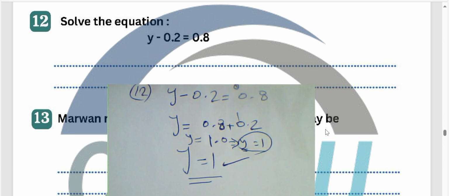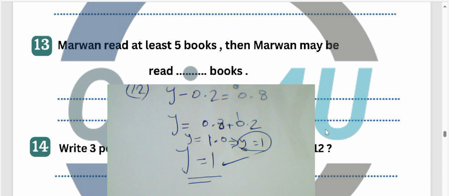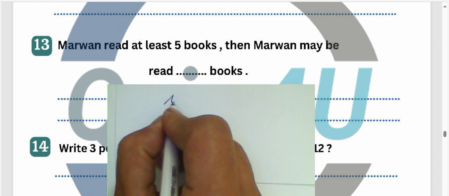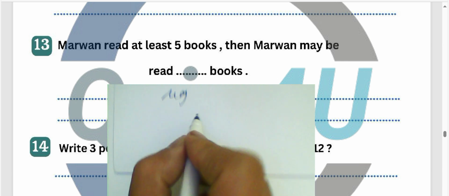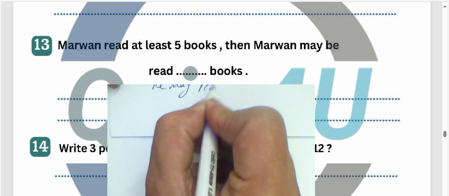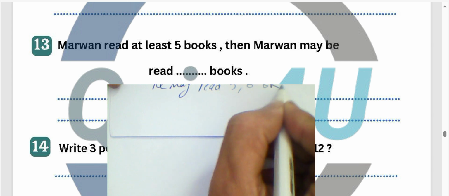Next question 13. Marwan read at least 5 boxes. At least. This number, he may read how many boxes? At least 5 boxes. Then we can write read 5 boxes. He may read 5, 6 or 7 boxes.